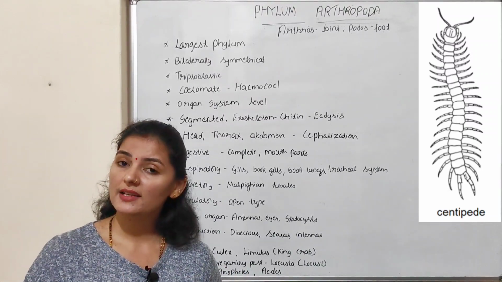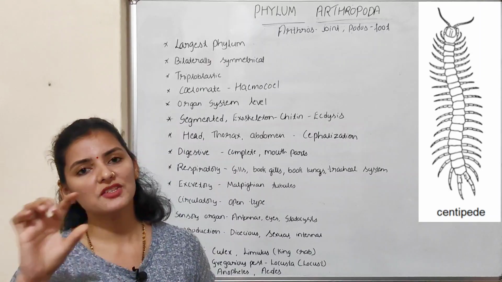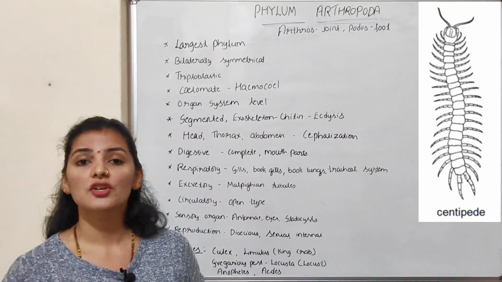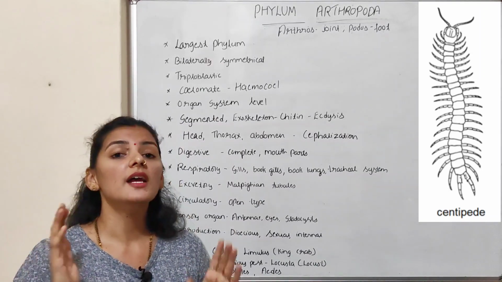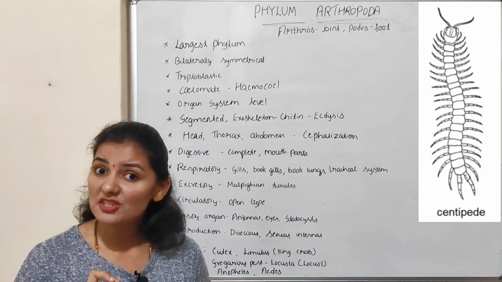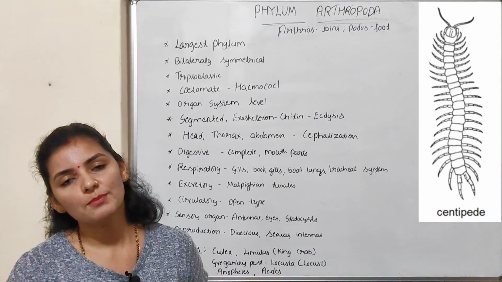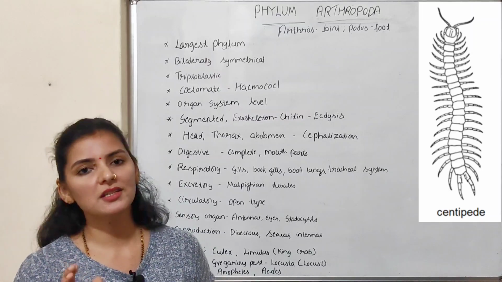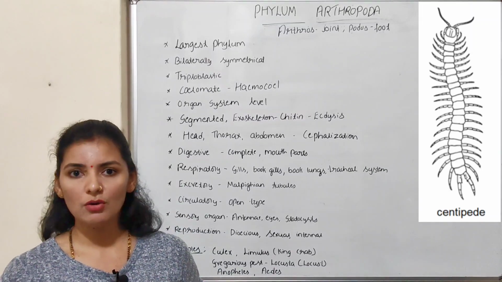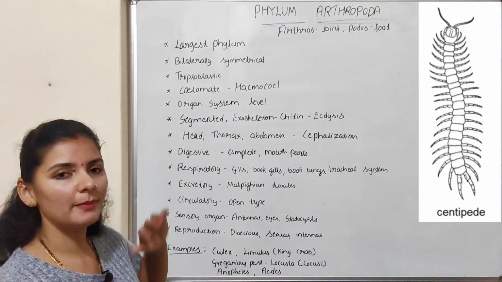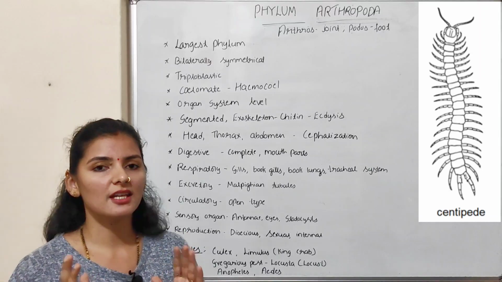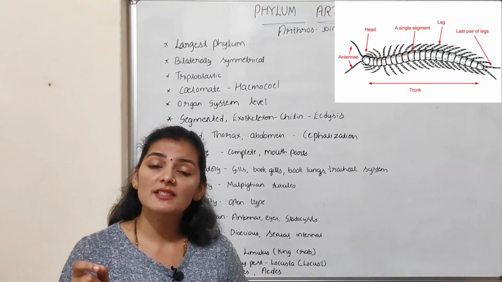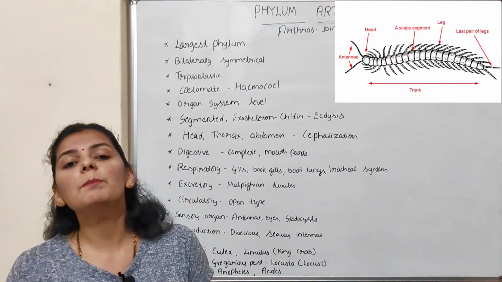In annelids, segmentation is present externally as well as internally, so you can see transverse septa in annelids. But in arthropods, these transverse septa are not there, or internal segmentation is absent. Anyhow, arthropods are segmented animals, and each segment consists of lateral appendages.